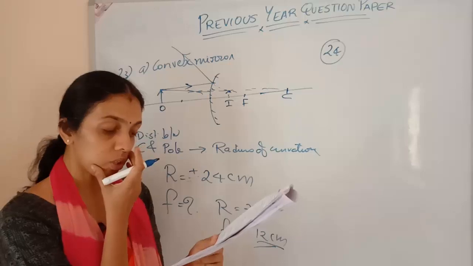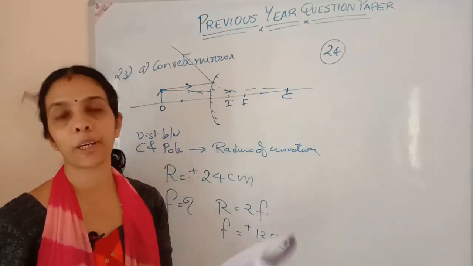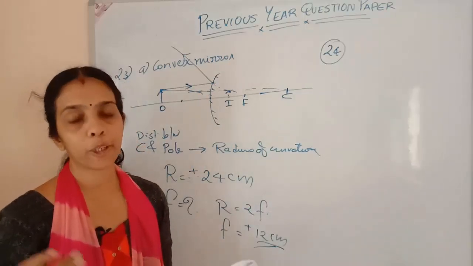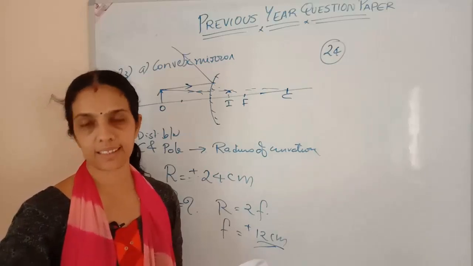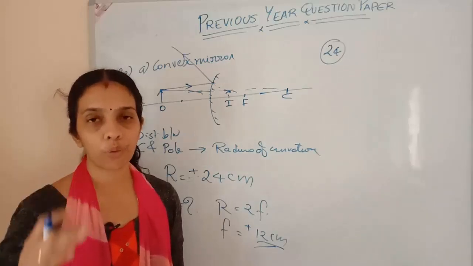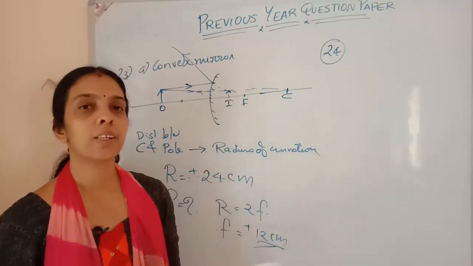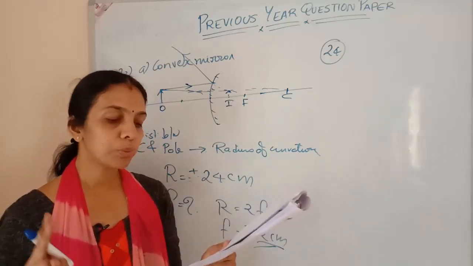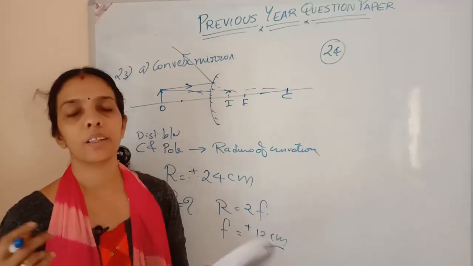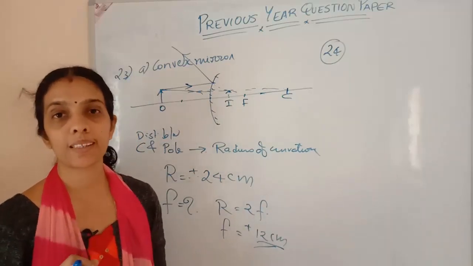So the student is suffering from myopia. What is myopia? Myopia is nearsightedness. That means the student can view only the nearby objects. So list two possible reasons for this defect. What are the reasons?